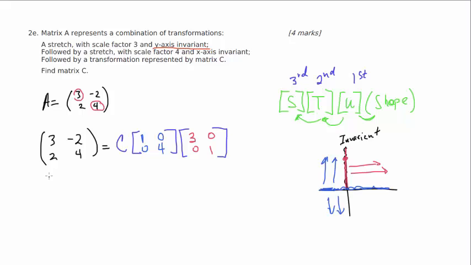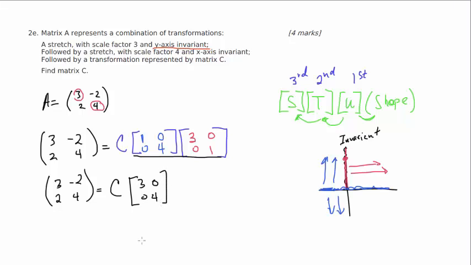We know that this matrix A equals C. Multiply these two together and we come up with 3, 0, 0, 4.